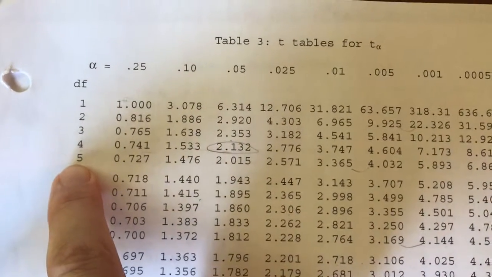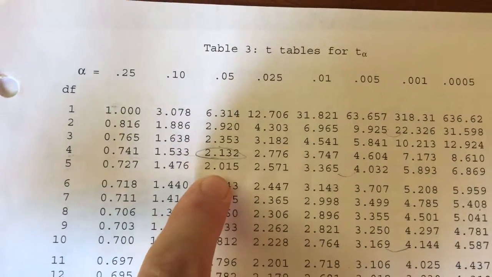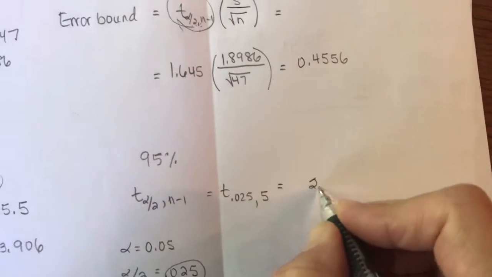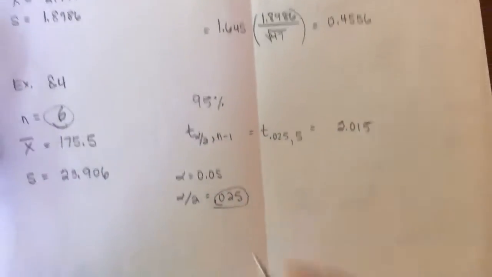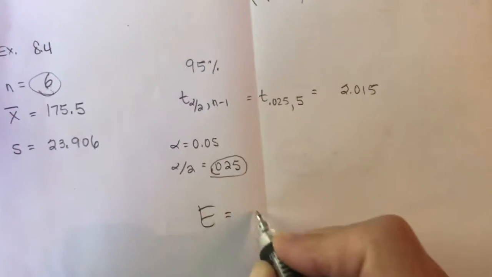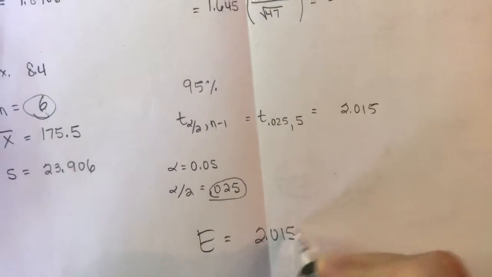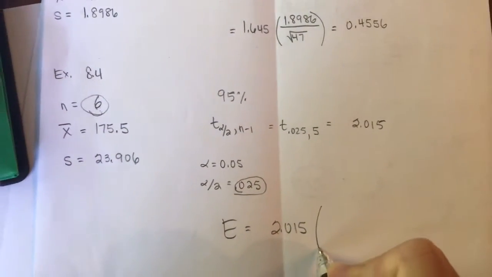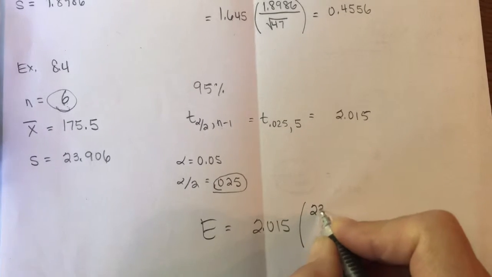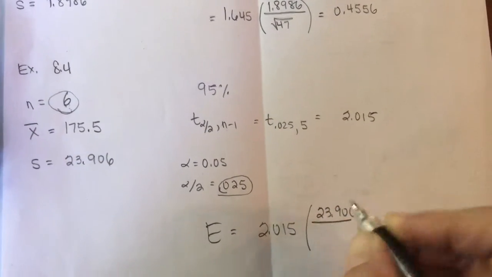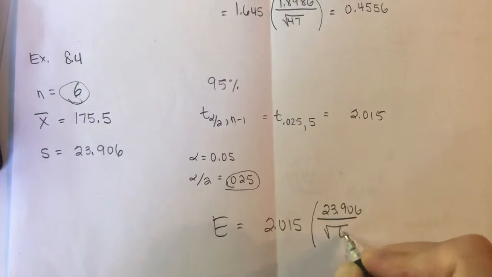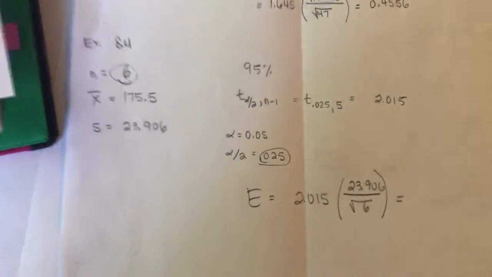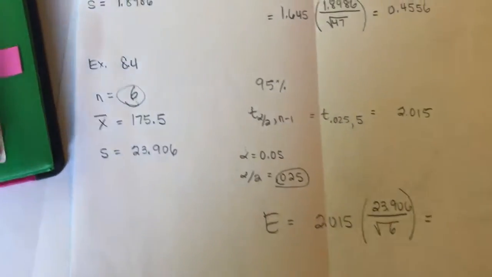It was 0.05, so it should be 2.015. That will be the value I use to find my error bound. So it's going to be 2.015. I multiply that times my standard deviation. I divide it by the square root of n. Crunch that in my lovely calculator, and what do you get?